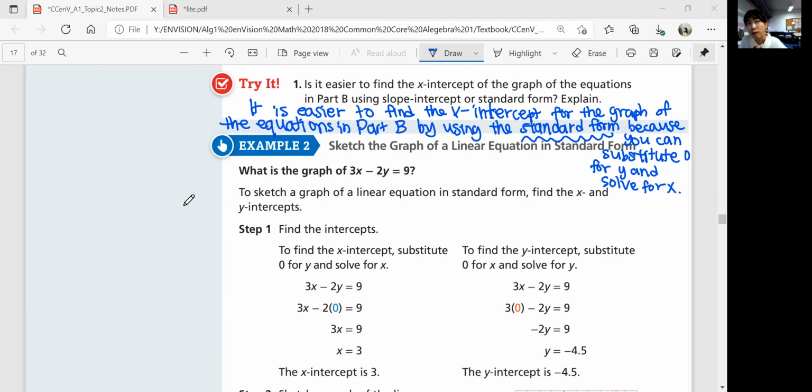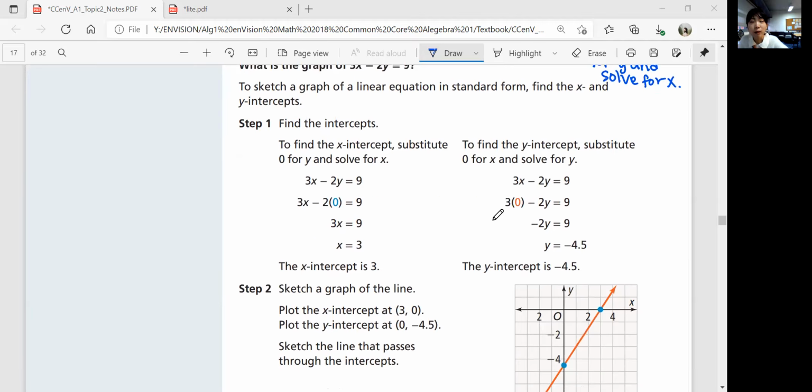If you plug in 0 for y, that means y is 0, so no height, which means you have an x-intercept. If you plug in 0 for x, that means there's no left or right, no width, so that's going to be your y-intercept. So plug in zeros for x and y in the equation and figure out x and y. x is 3, y is -4.5.